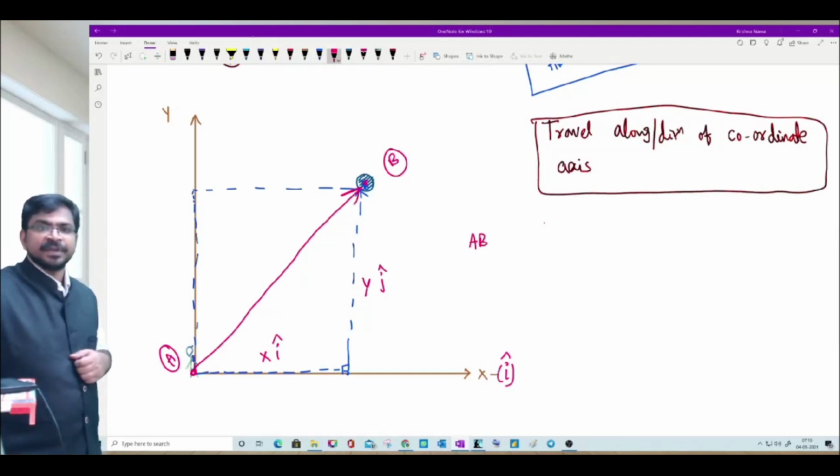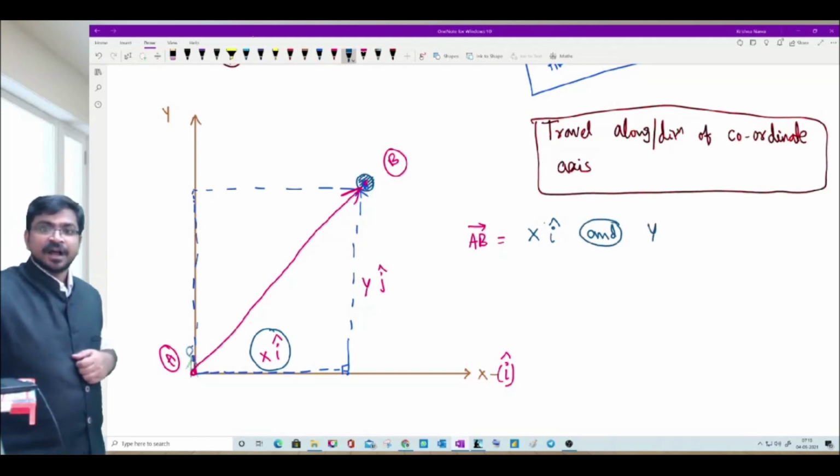that is AB vector. What was the first activity we have done? We traveled x distance along i direction and y distance along j direction. Simple.